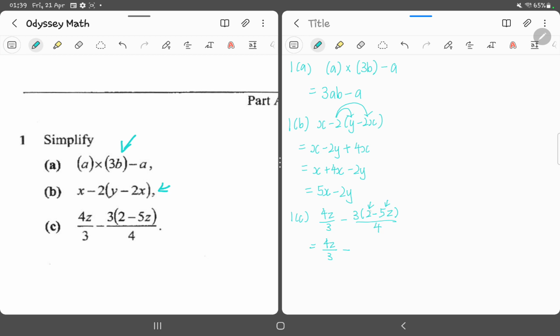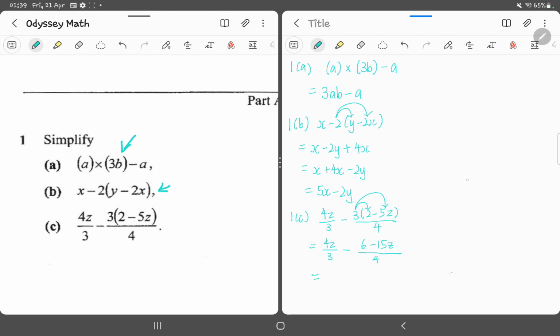The first term is 2, and the second term is minus 5z. So the multiplication will be 3 times 2, and then 3 times minus 5z. So 3 times 2 is 6, and 3 times minus 5z is minus 15z, and then the whole thing over 4.